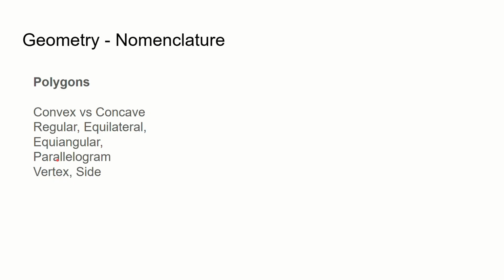And parallelogram means all opposite sides of a polygon are parallel. So actually a triangle can't be a parallelogram because it has an odd number of sides, so it doesn't have an opposite side, right? But a quadrilateral can be, a pentagon can't. So anything with an even number of sides can be a parallelogram, but not all of them are parallelograms.